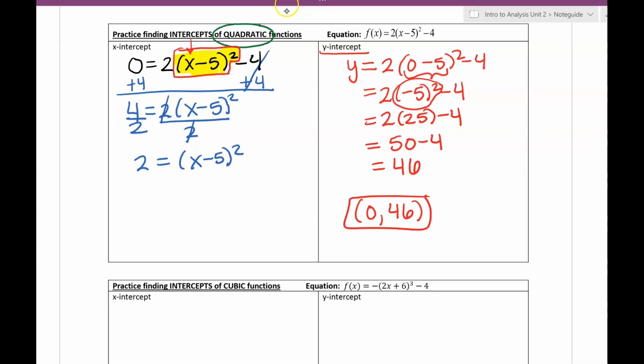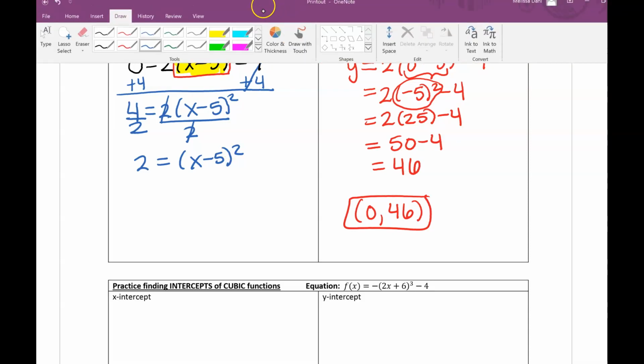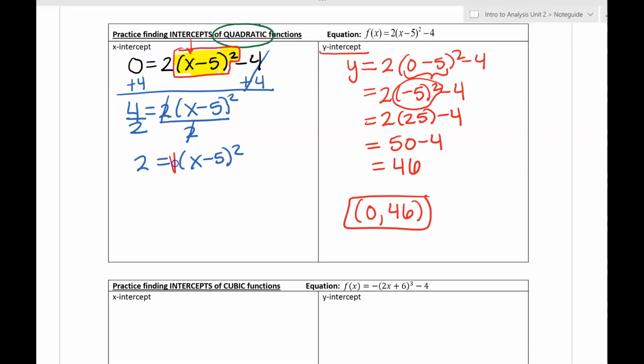Now, to get x out of the squared so I can finish getting it by itself, I'm going to want to square root both sides of the equation, since a square root is the inverse of being squared. So this will give me x minus 5 equals plus or minus rad 2. So big note to yourself here: if you square root both sides of an equation, you need to include the plus or minus.